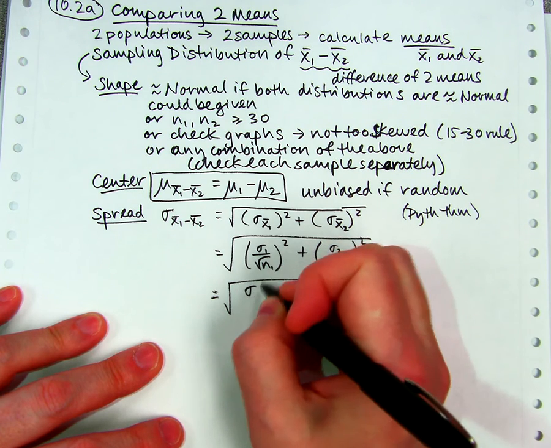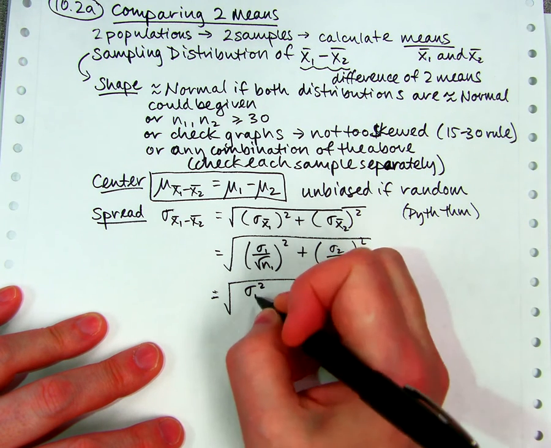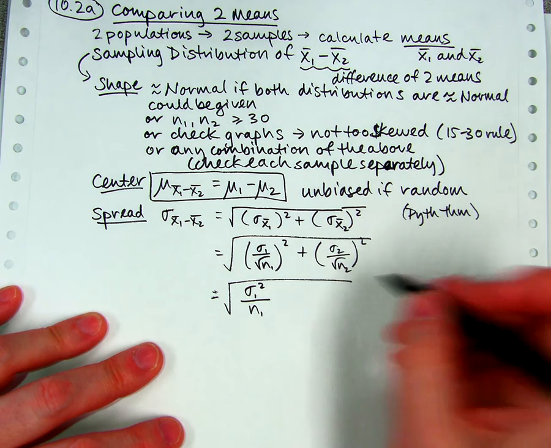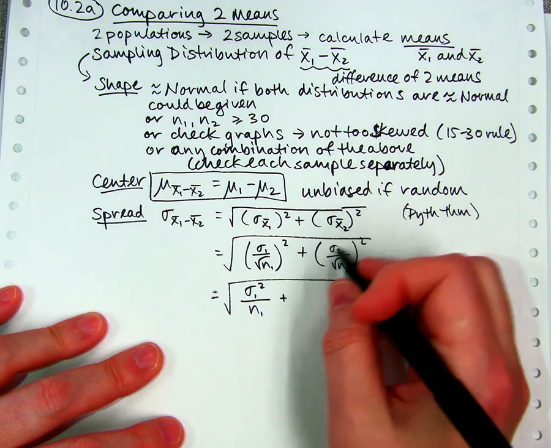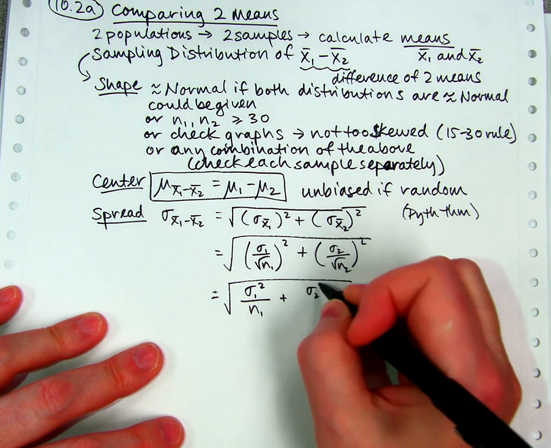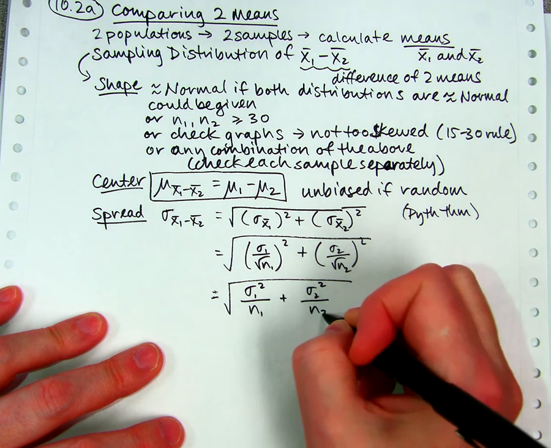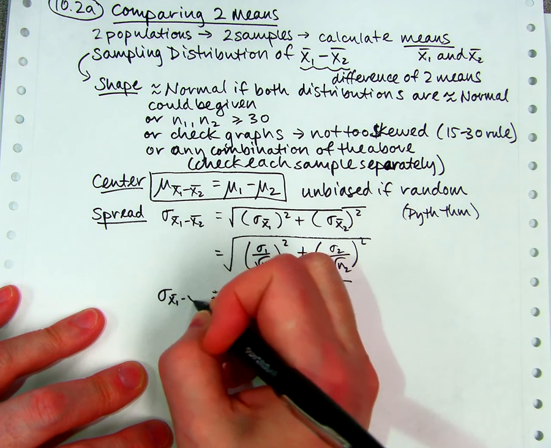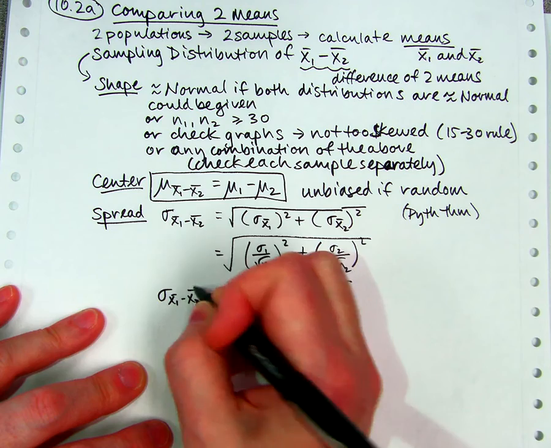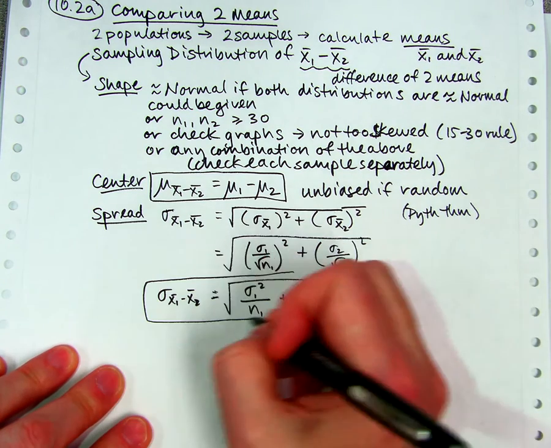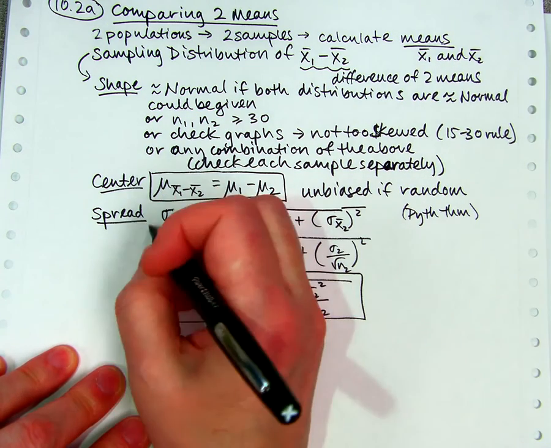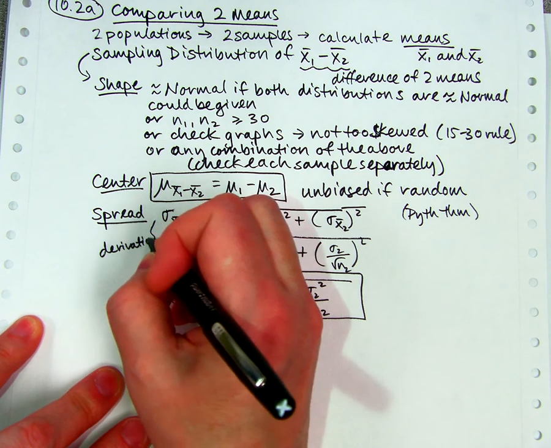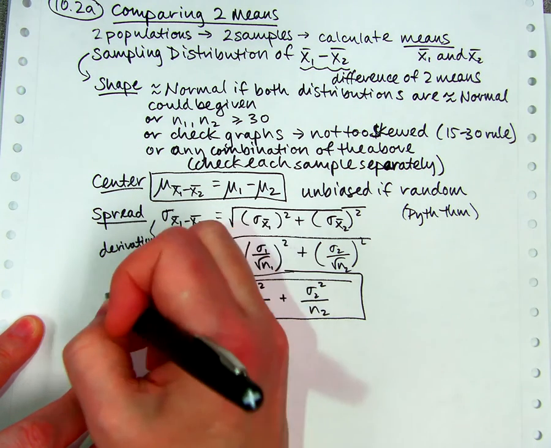So sigma squared from the first population over n1, you don't need the square root and the squared on the bottom because they cancel. And then same thing over here, sigma 2 squared over n2. That's the formula we're going to be using. It's the simplified version. So all the stuff up above is just showing you where this formula came from. This is the derivation. This is the formula that you need.